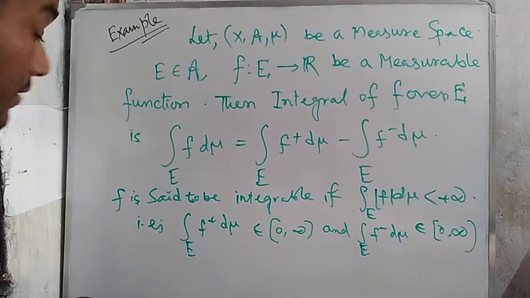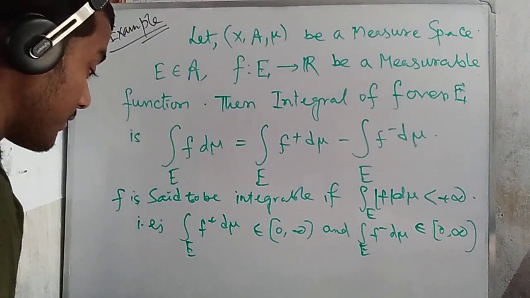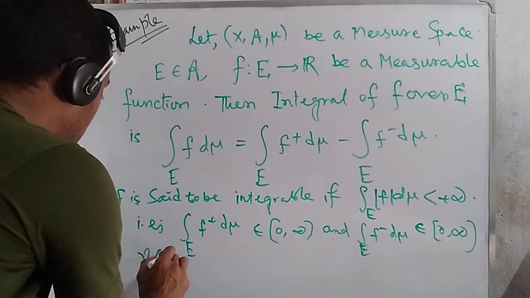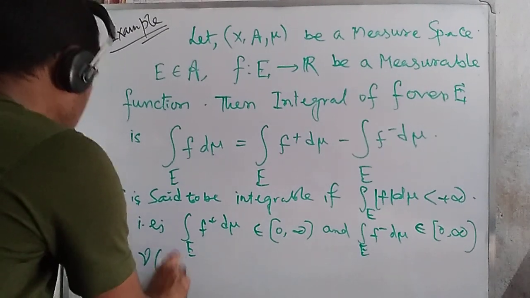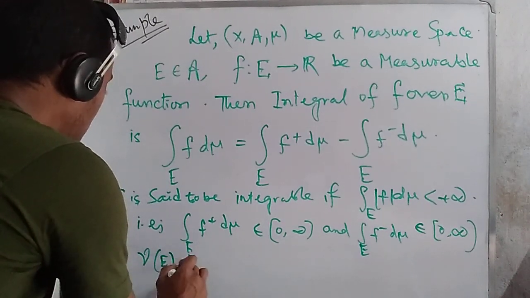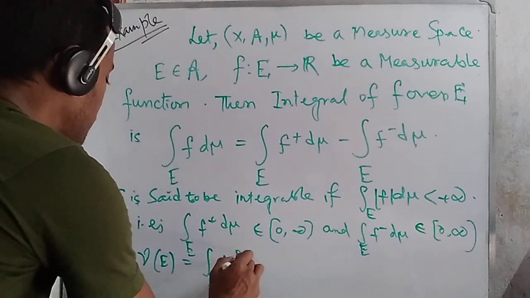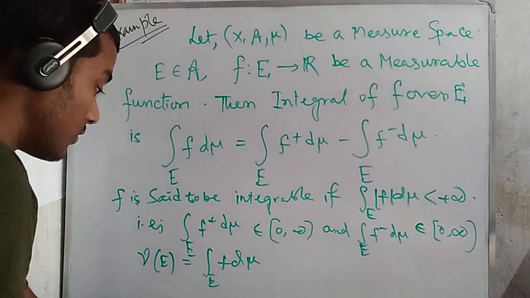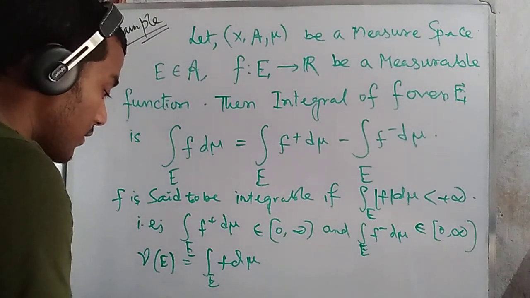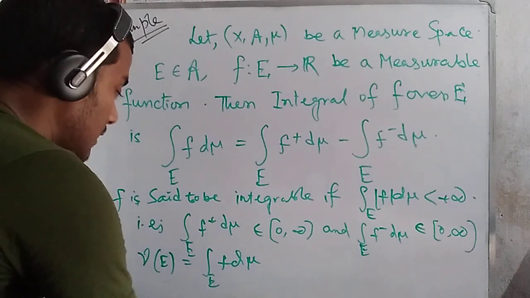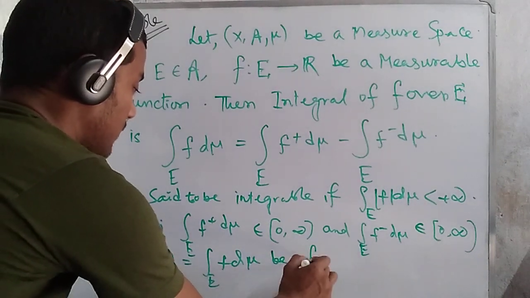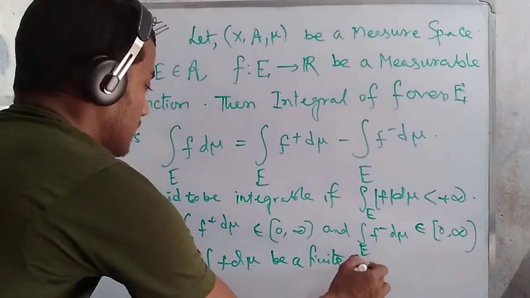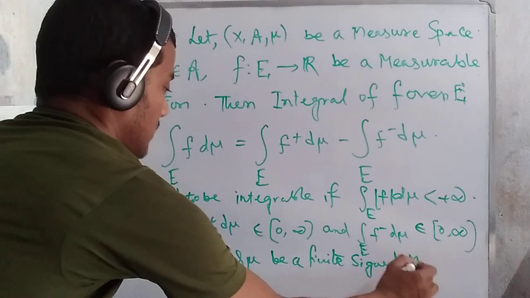Then we write it in this way: γ(E) equals the integration over E of f dμ. Obviously this will be a finite signed measure.